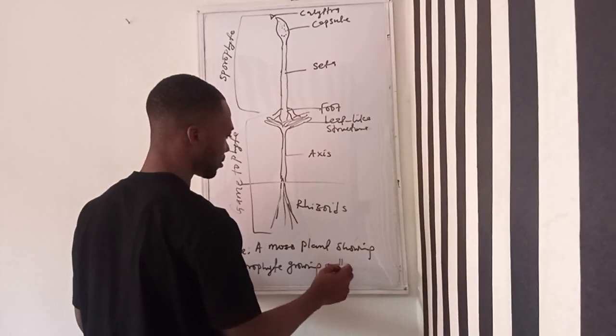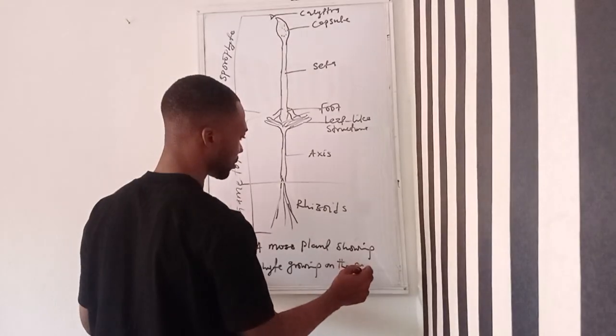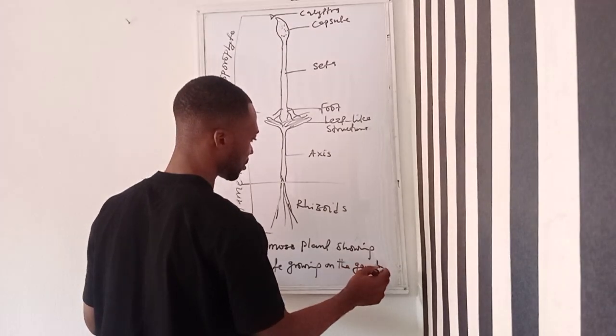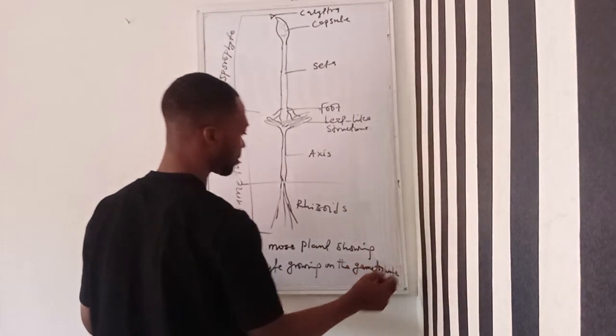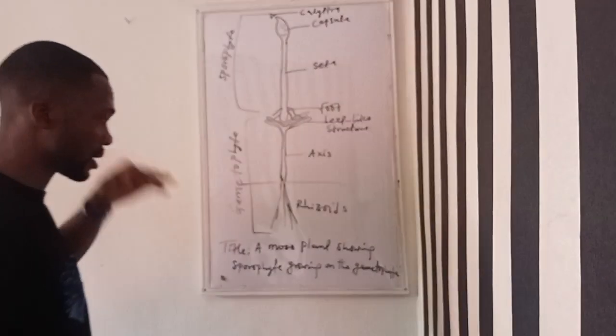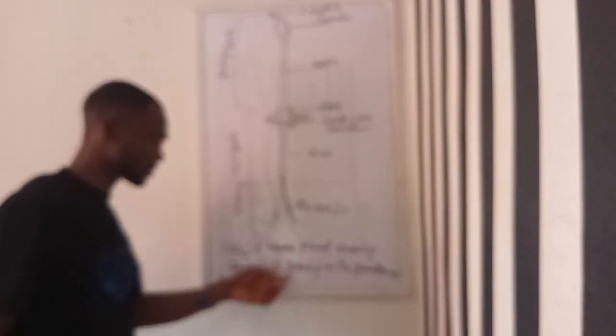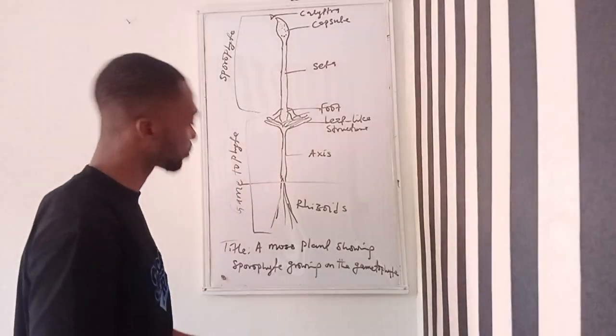So this is a moss plant showing sporophytes growing on the gametophyte.